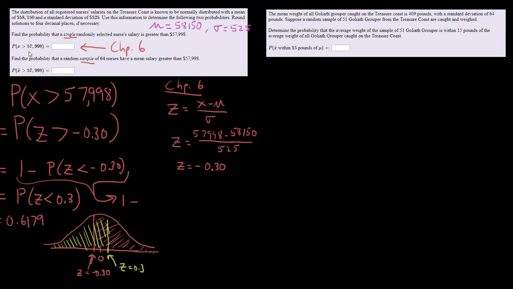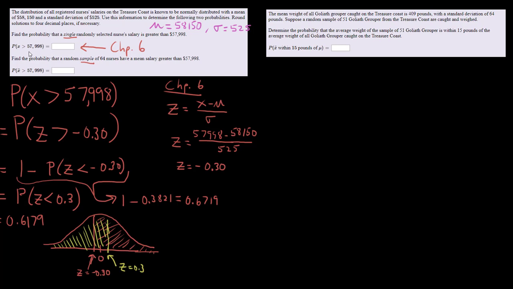So we're going to do 1 minus 0.3821, and we do end up getting precisely 0.6179.